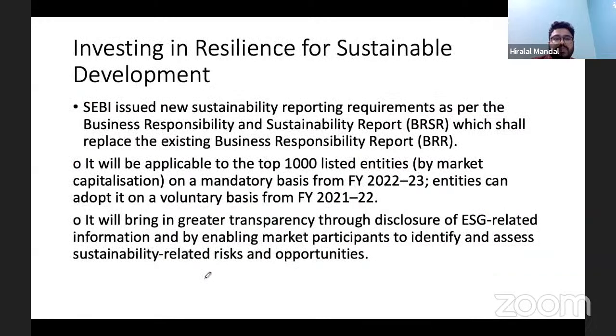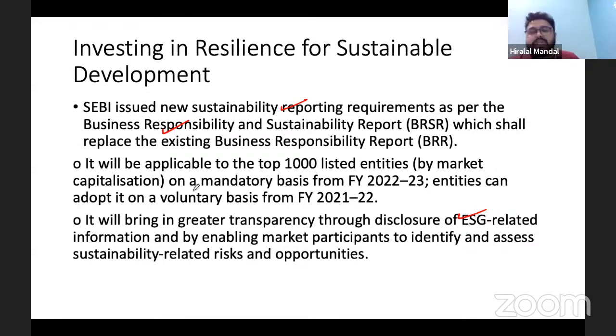With respect to SEBI, it has also ensured that the Environment, Society, and Governance (ESG) framework has been revised. The companies' reporting requirement should be done as per the Business Responsibility and Sustainability Report.